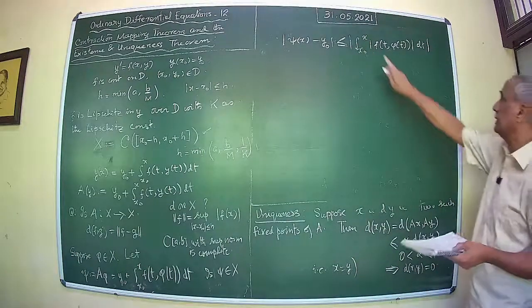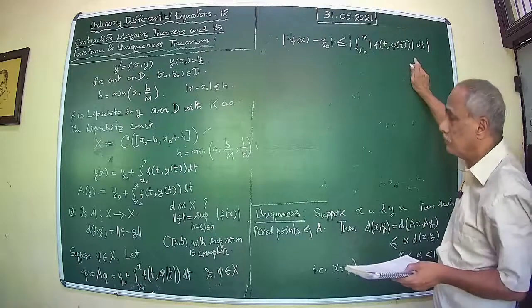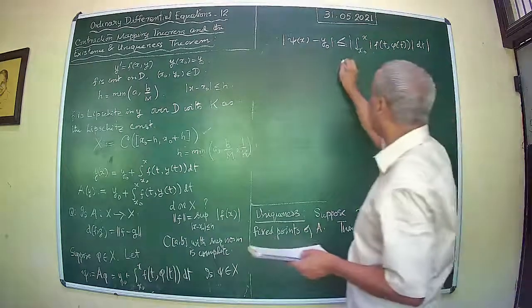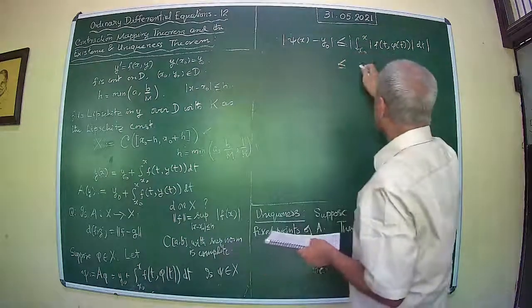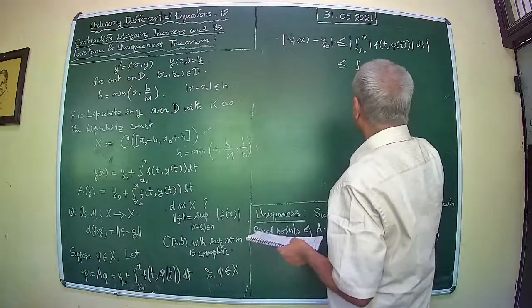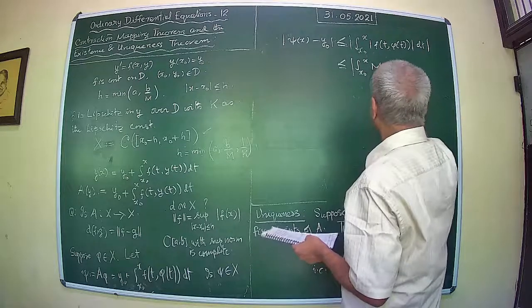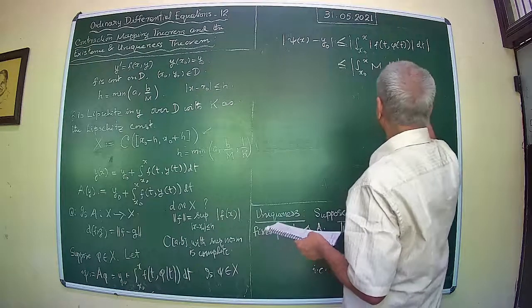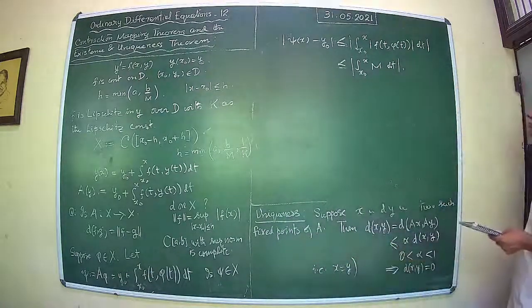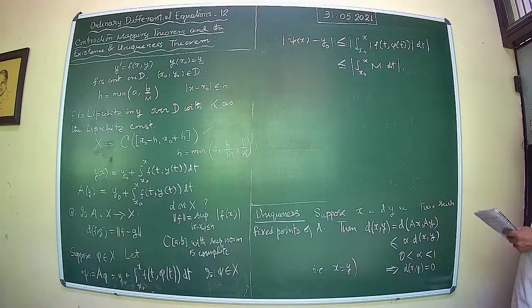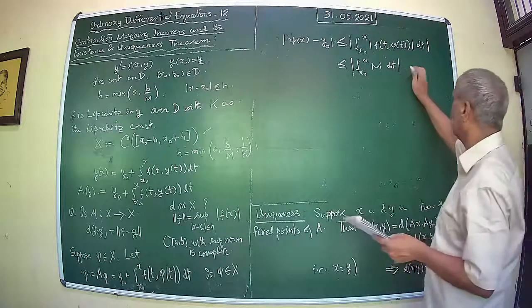And you know that this is less than or equal to m. Therefore this is bounded by m, and mod x minus x naught is less than or equal to h.